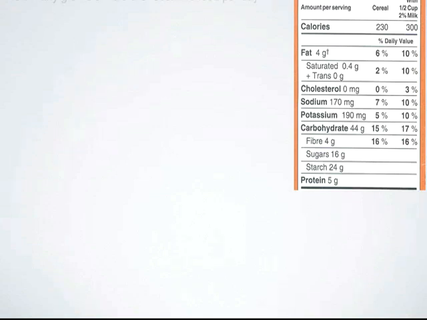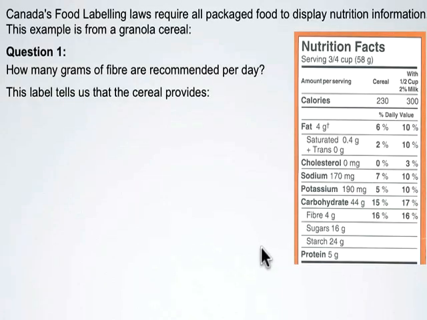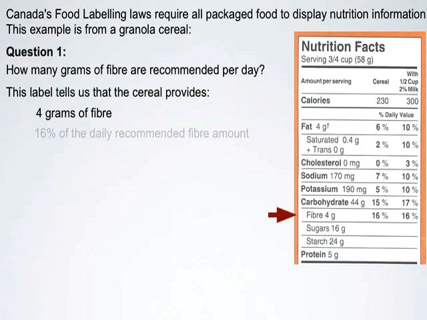So the first question: how many grams of fiber are recommended per day? The label tells us that cereal provides 4 grams of fiber, and fiber is right down here. And this is 16% of the recommended daily amount.